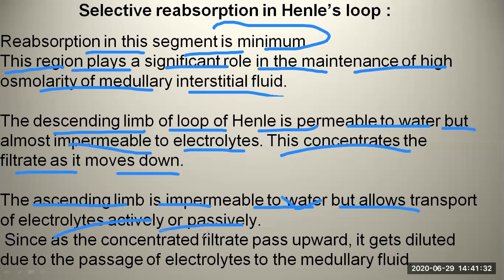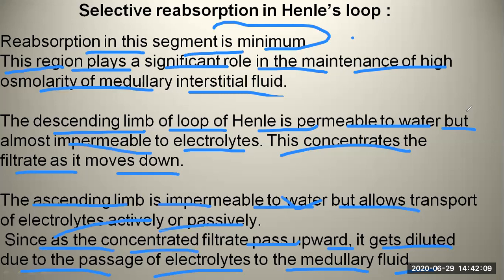As the concentrated filtrate passes upward, it gets diluted due to the passage of electrolytes to the interstitial fluid, or simply the medullary fluid. When the electrolytes pass into the interstitial fluid, their osmolarity will decrease, and when osmolarity decreases, the filtrate becomes hypoosmotic in nature. So this is the story of selective reabsorption in the loop of Henle.